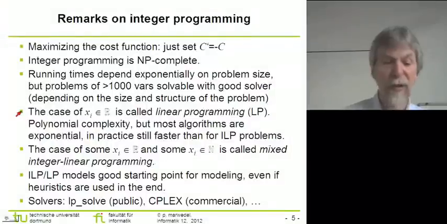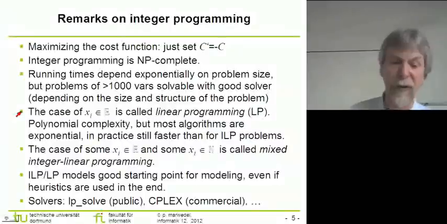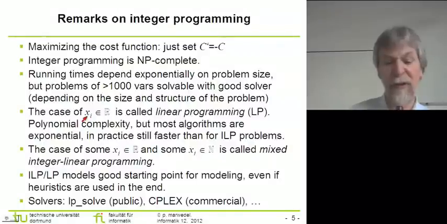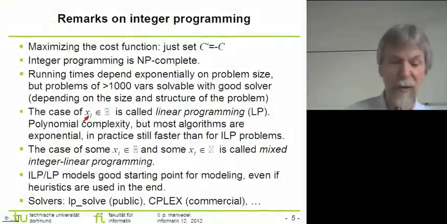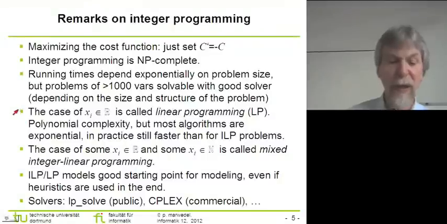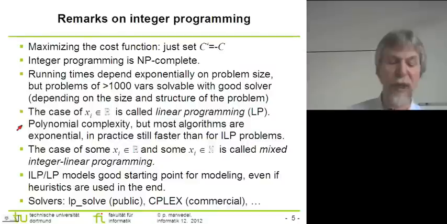As a remark, we can also replace the case of considering just integer variables by real variables, and then we will be talking about linear programming. Linear programming, both theoretically and also from a practical point of view, is faster than integer linear programming.